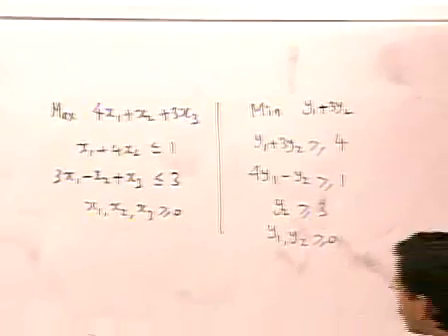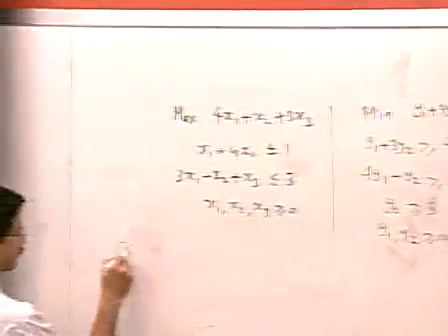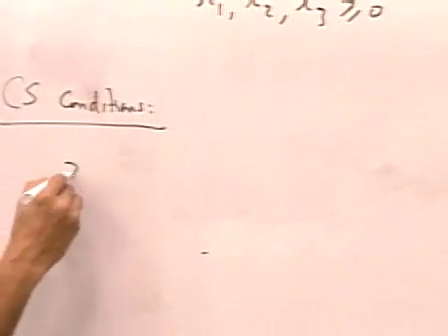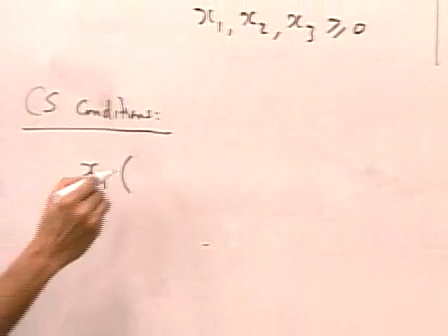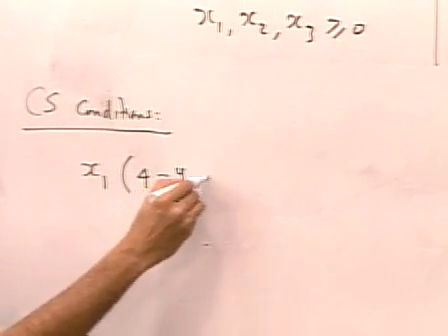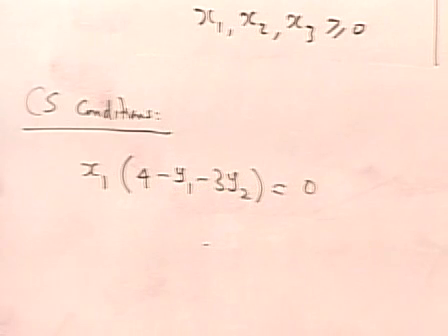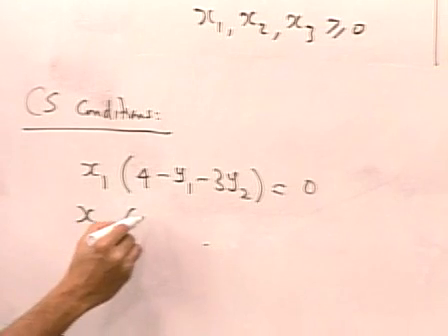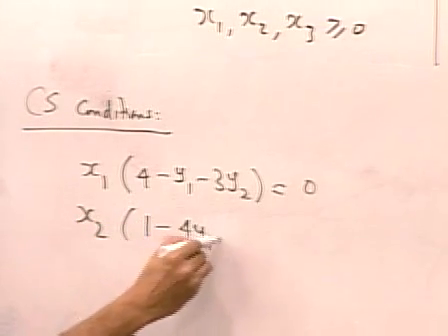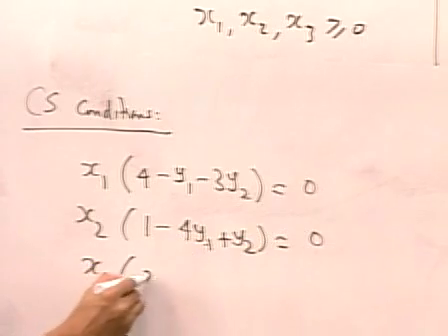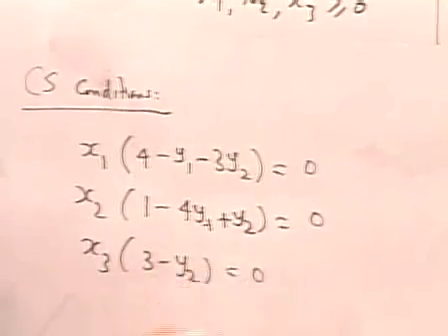The CS conditions say the following. x1 times (4 minus y1 minus 3y2) equals 0. x2 times (1 minus 4y1 plus y2) equals 0. x3 times (3 minus y2) equals 0.